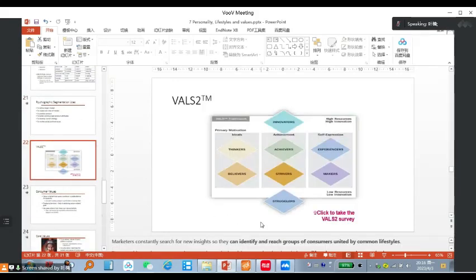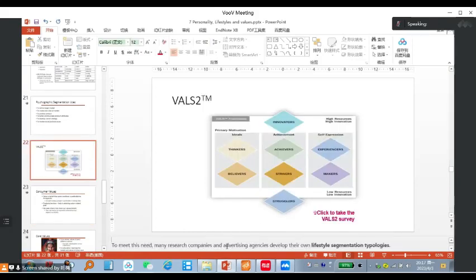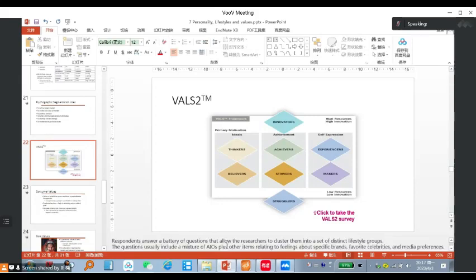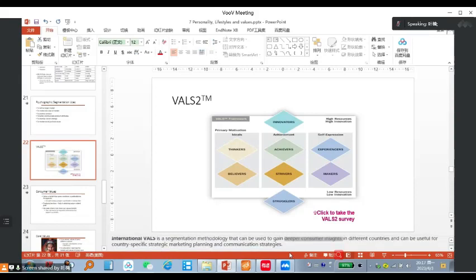And there are other approaches to measure lifestyles. International values, VALS, is a segmentation methodology. It can be used to gain deeper consumer insights, and can be useful for country-specific strategy, marketing planning, and communication strategies.